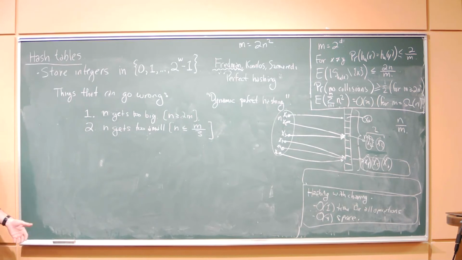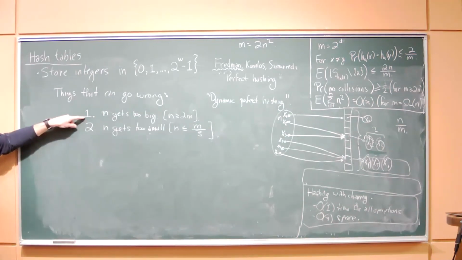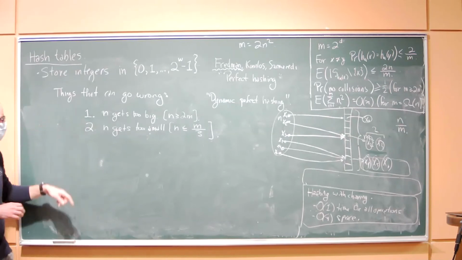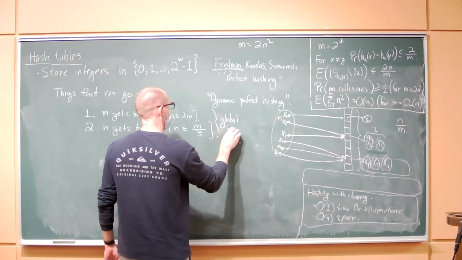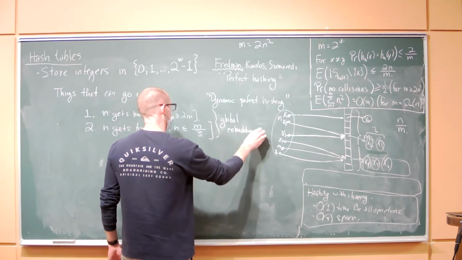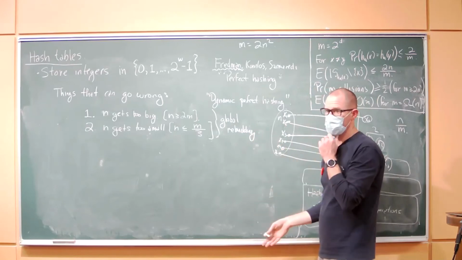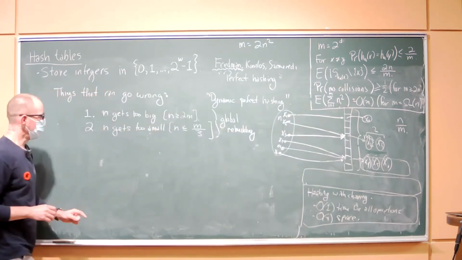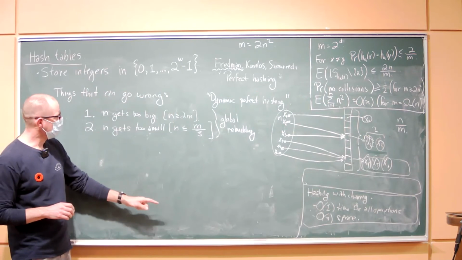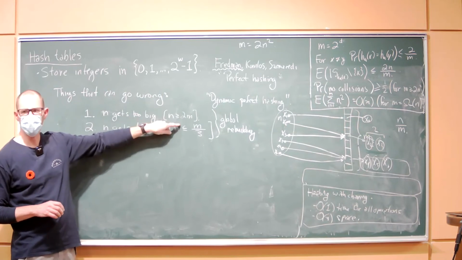That amortizes out over the number of operations it takes to make n get so big or so small, because n only increases or decreases by 1 for each add and remove operation. So when these things go wrong, you just do a global rebuilding, meaning you now know the set S that's currently in the structure. You run the algorithm I just described to build the structure from scratch with an appropriately chosen value of m, so that it lands nicely in between too big and too small.